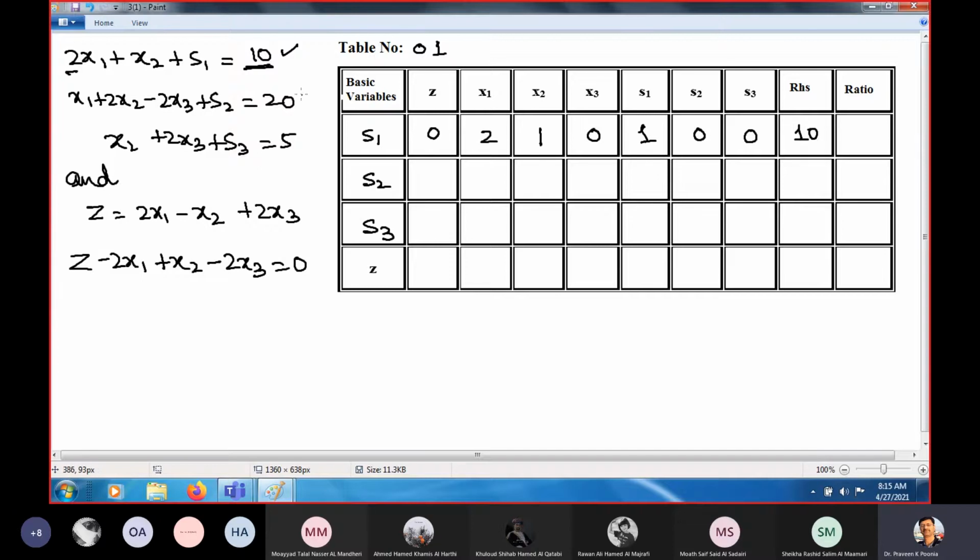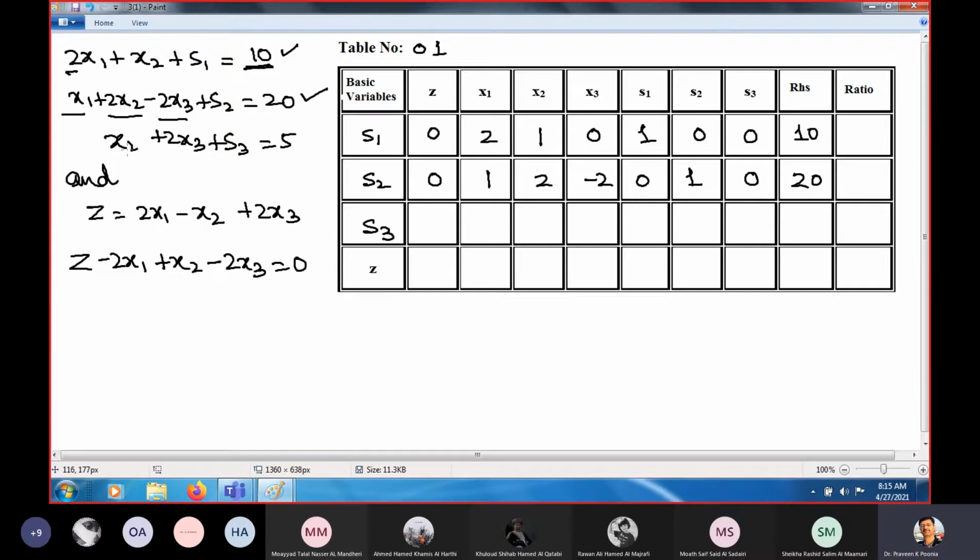Now come to equation number 2. Is Z there? No. X1, 1. X2, 2. X3, minus 2. S1, no. S2, 1. S3, no. And the right hand side is 20.